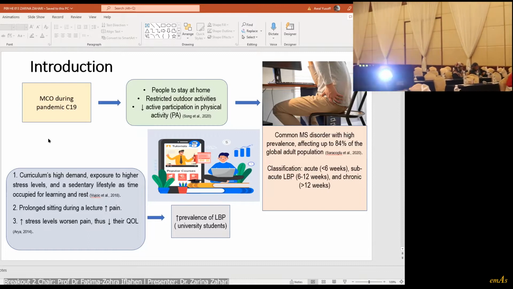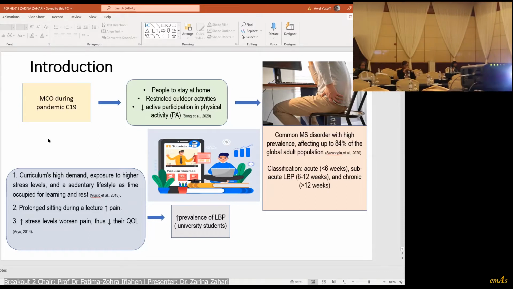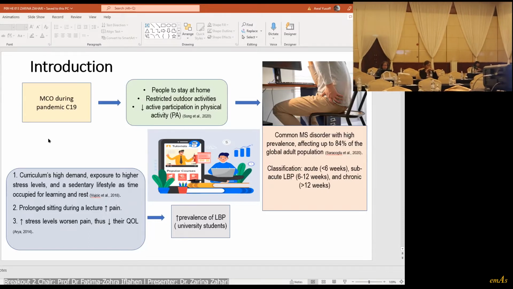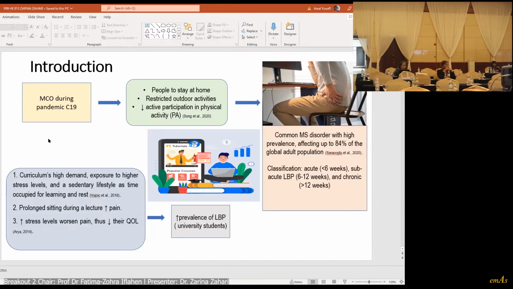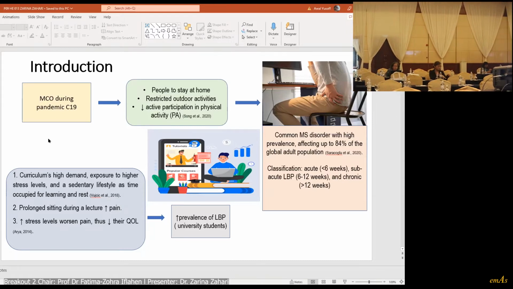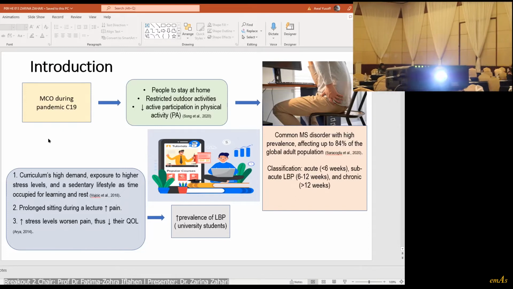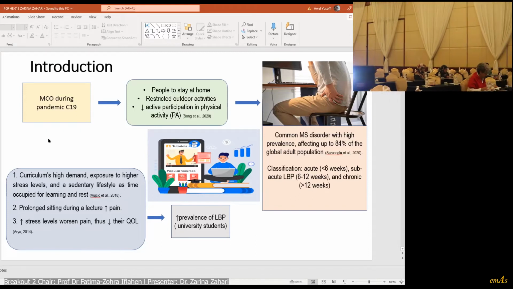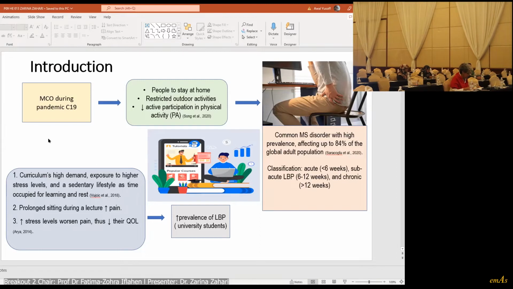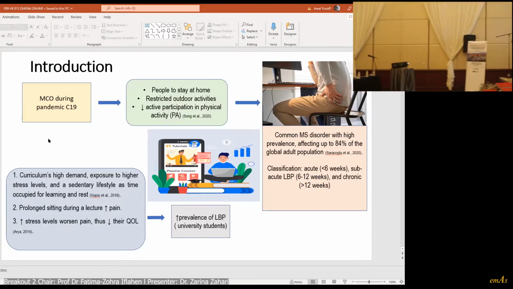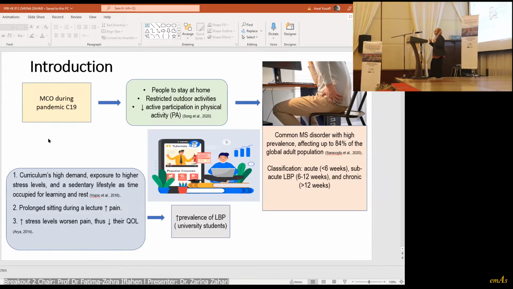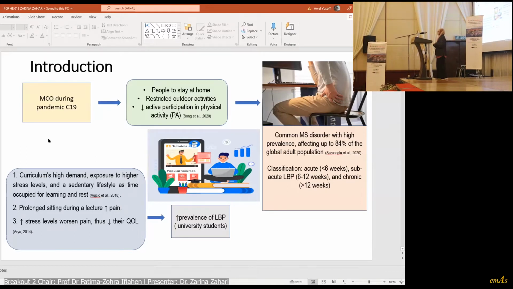It can be classified as acute low back pain, commonly affecting people for less than 6 weeks, subacute between 6 to 12 weeks, and chronic, which is more than 12 weeks of involvement.